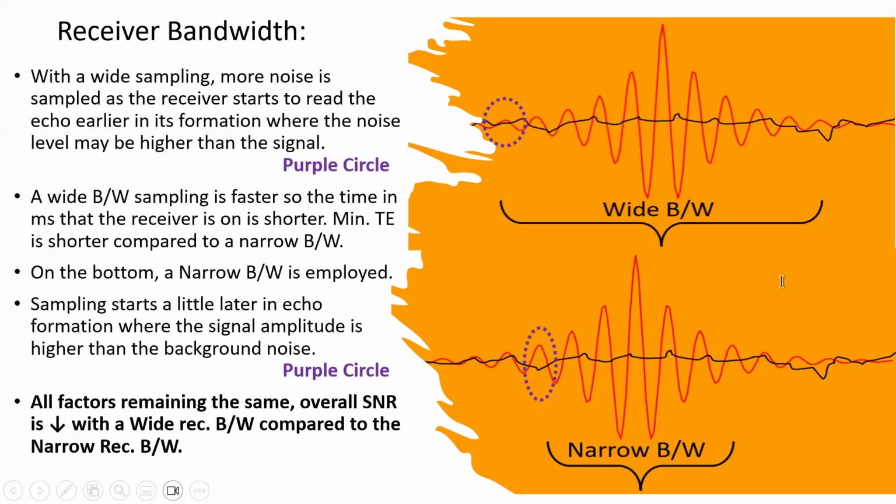All right. So here's your echo. The red line is the echo, and the black line is random noise. Okay. So if you use a wide receiver bandwidth, the reason why you lower your overall signal to noise is because you're sampling everything. You're sampling out here in purple where the signal to noise ratio is in the tank.